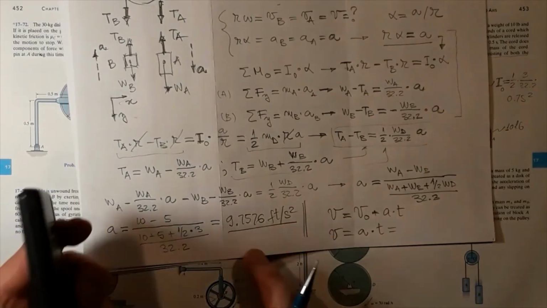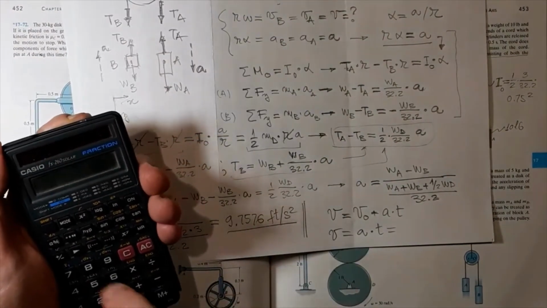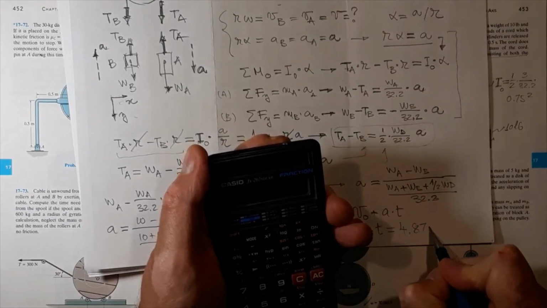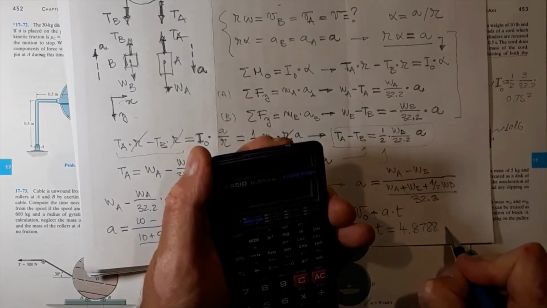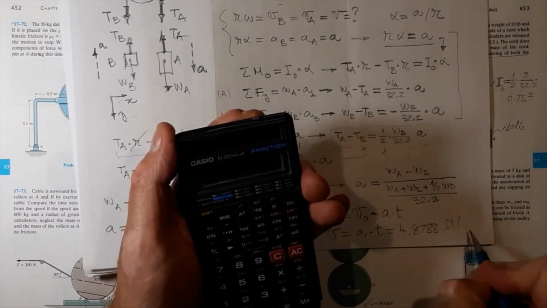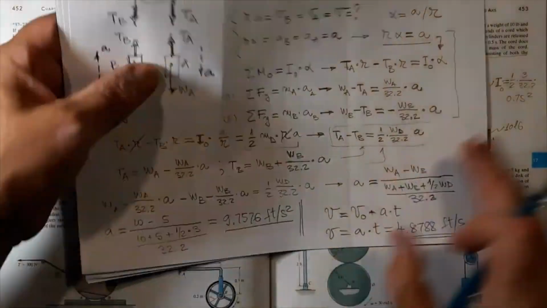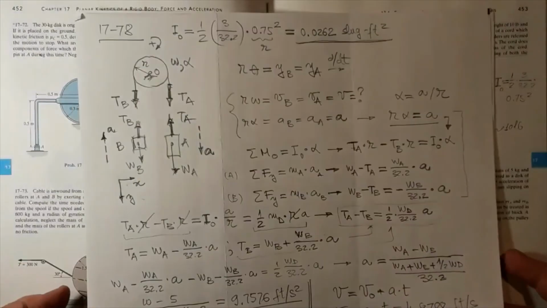So I still have this number, and I'm multiplying by 0.5, and it gets me 4.8788 feet per second. Okay, so this was it.